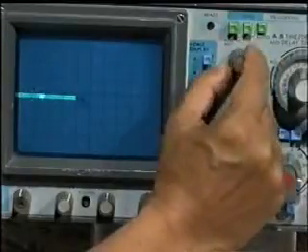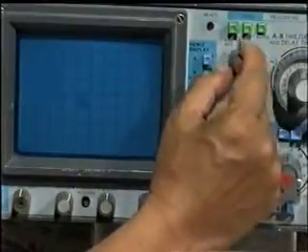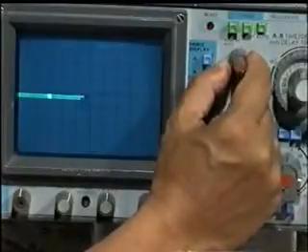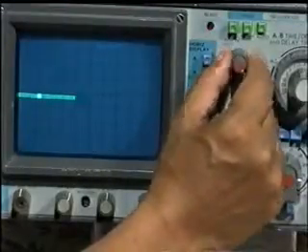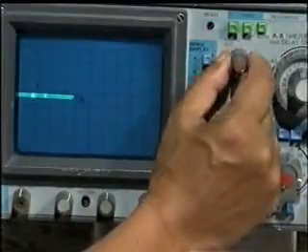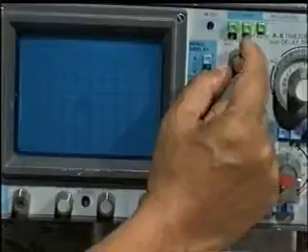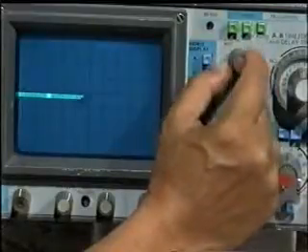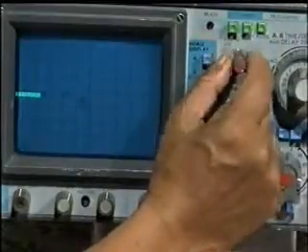No, it is coming only up to halfway, not covering the full screen. Therefore, there is some problem in the horizontal stage, which may be in the horizontal output stage itself.